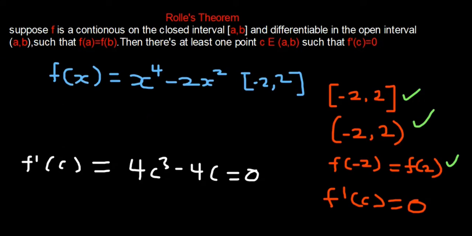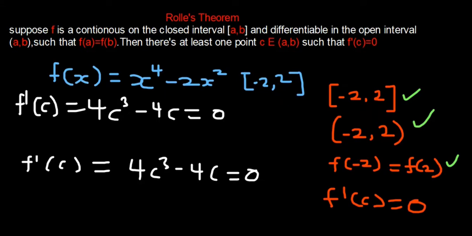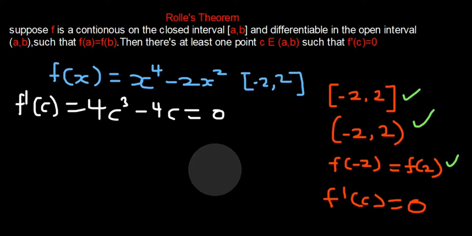So let me write this here. So f prime of c should be equal to 4c cubed minus 4c, and this should be equal to 0. Let me clear this off. So now we want to find the values of c that will make the slope of the function 0. Looking here, I have 4c common to both terms.